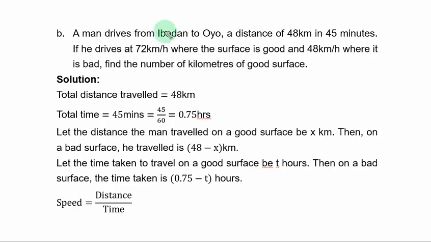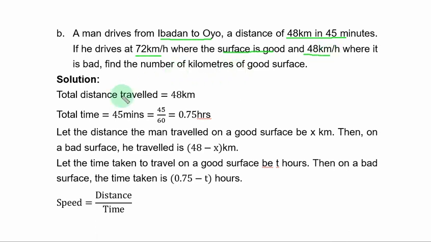Question 3b. A man drives from Ibadan to Uyo, a distance of 48 kilometers in 45 minutes. If he drives at 72 kilometers per hour where the surface is good and 48 kilometers per hour where it is bad, find the number of kilometers of good surface.